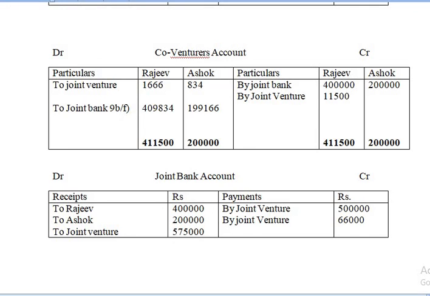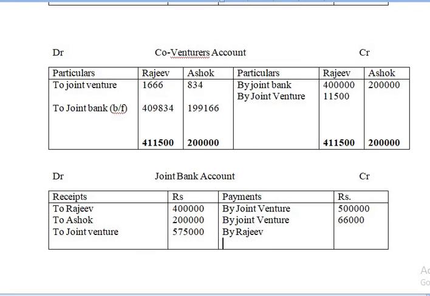Now make cross posting. Joint bank is debited, so here it should be credited by Rajiv and then by Ashok. Rajiv 4,09,834 and then Ashok 1,99,166.